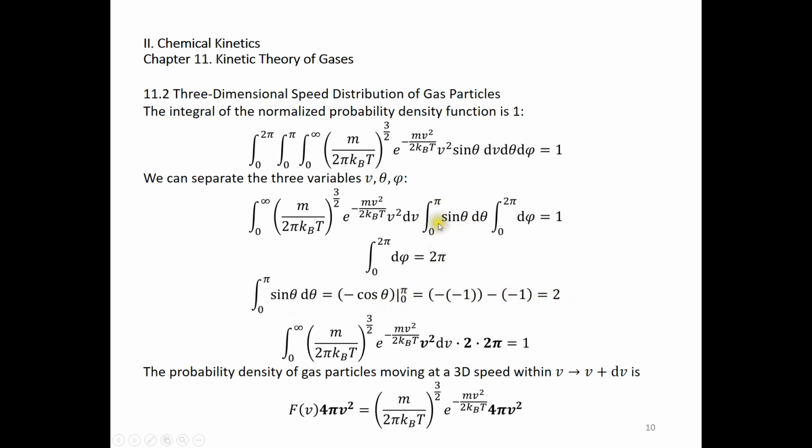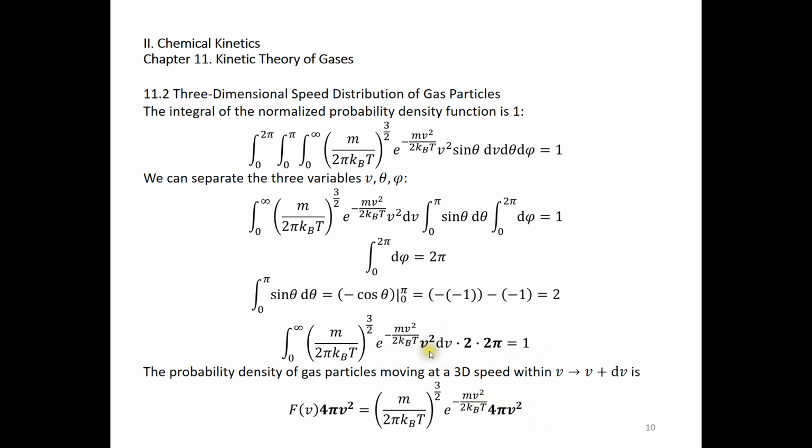So this is 2, this is 2 pi, together you have 4 pi. And if you compare this equation with the previously learned probability density function in the coordinates of vx, vy, vz, we have one additional term, which is v squared.